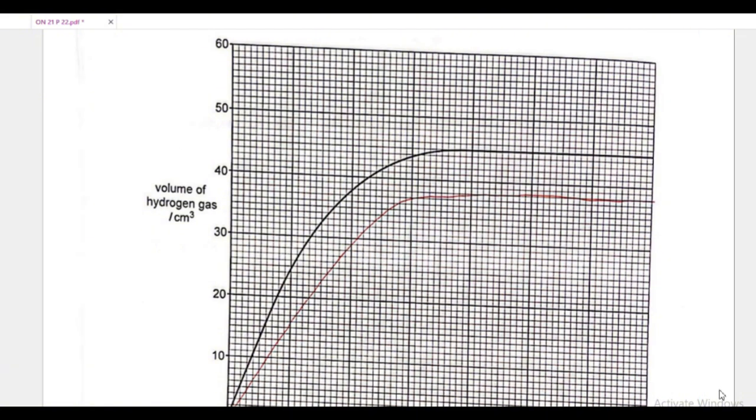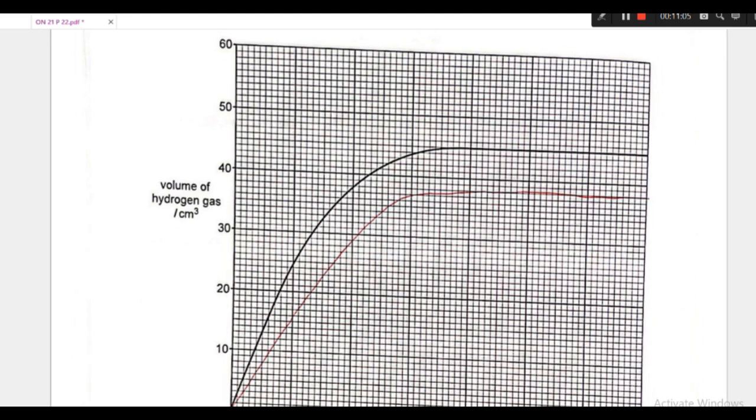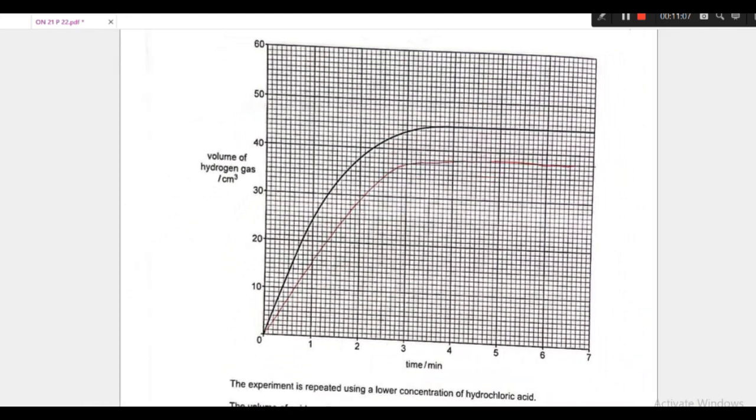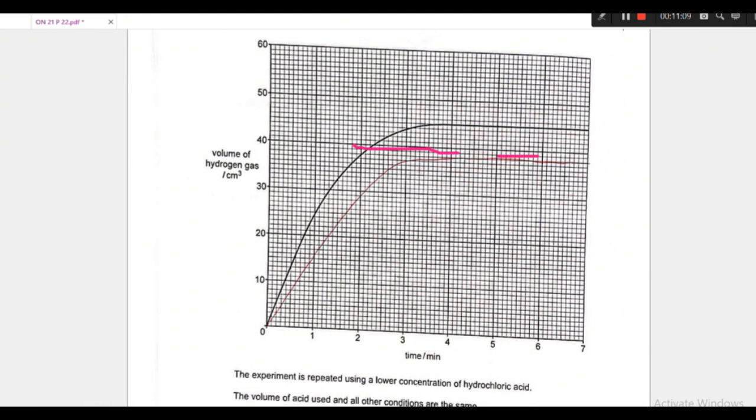This is the graph: volume of hydrogen gas with time. Volume increases with time, this graph.